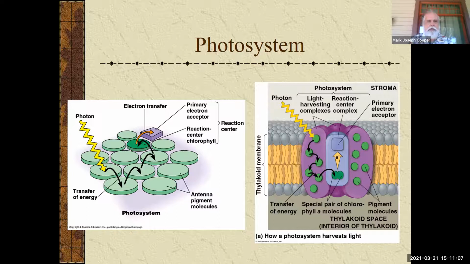Now, why is that chlorophyll A molecule more special than, let's say, this one right here? Let's say this is chlorophyll A. And it's the same reason why you buy, the three things they say you look for in buying real estate, and that is location, location, location.